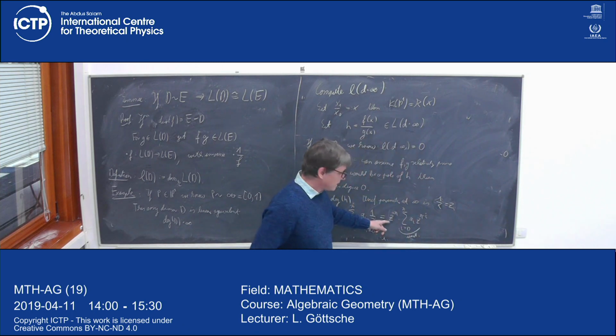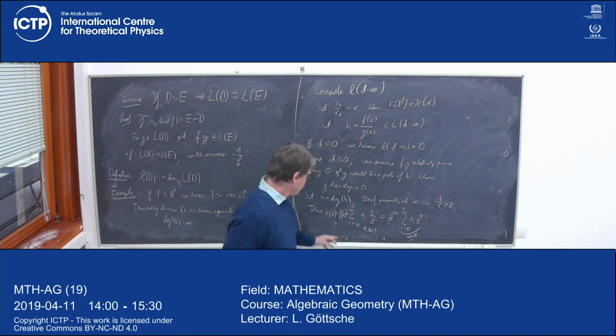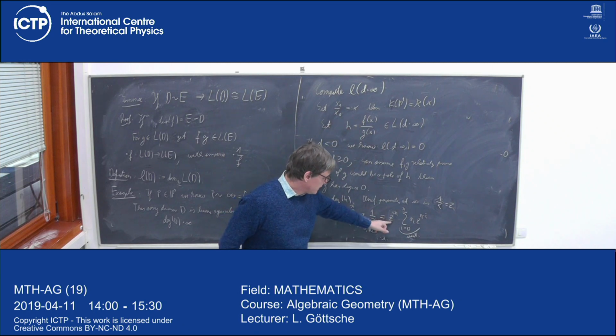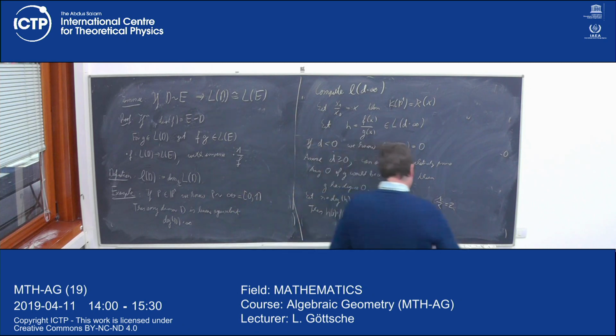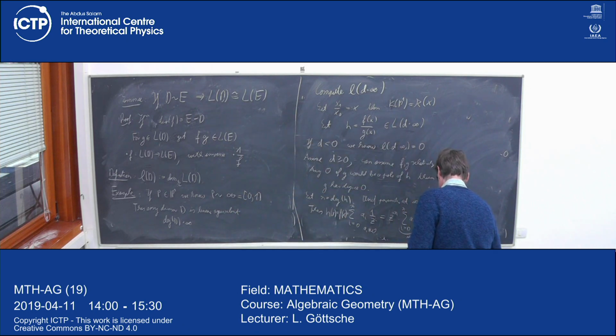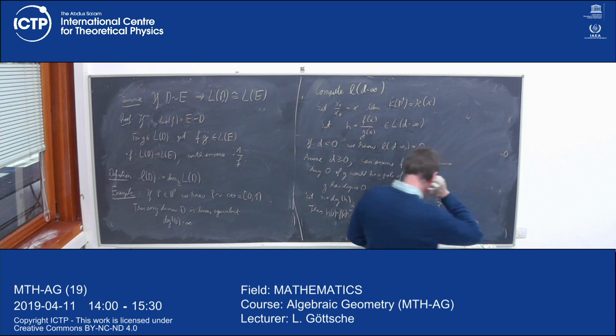So I have z to the minus n times a unit. If h, which is f, has degree n, then it's z to the minus n times a unit. It follows that the multiplicity of h at infinity is equal to minus n.